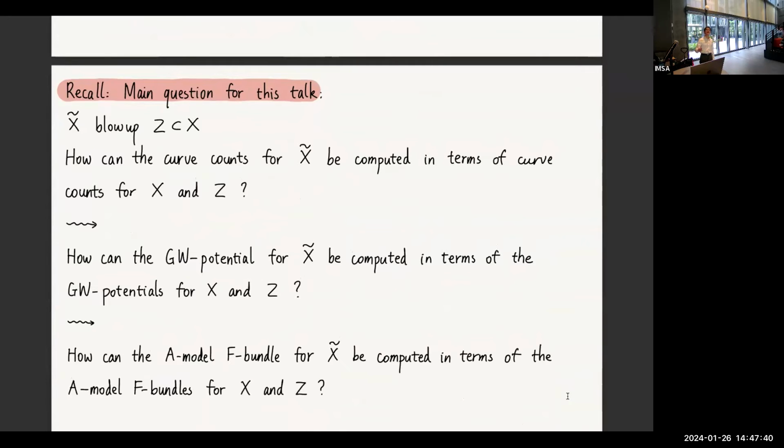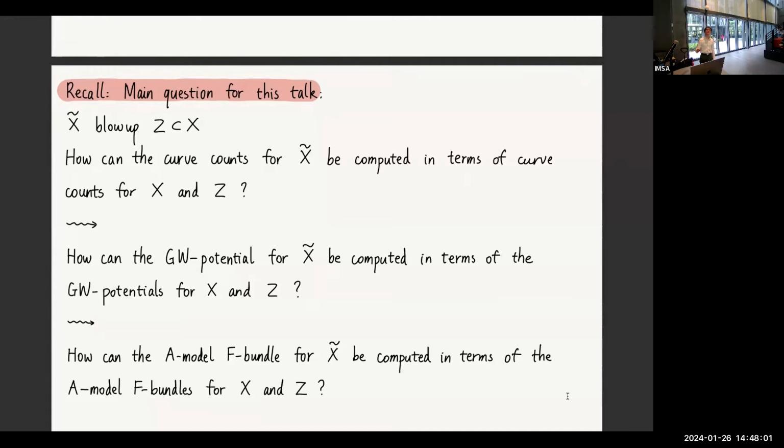We have the blow up X tilde of a smooth projective variety X along a smooth center Z. And we want to relate the curve counts for X tilde with the curve counts for X and Z. So we put all the curve counts, package them into generating series.